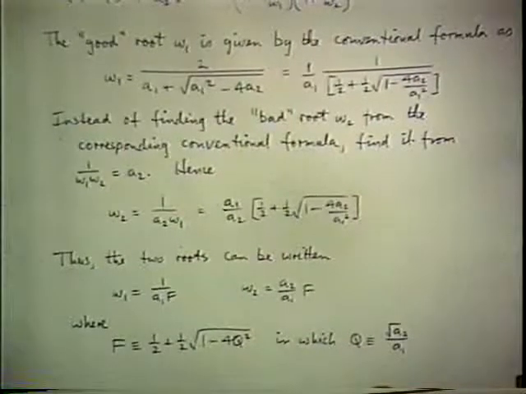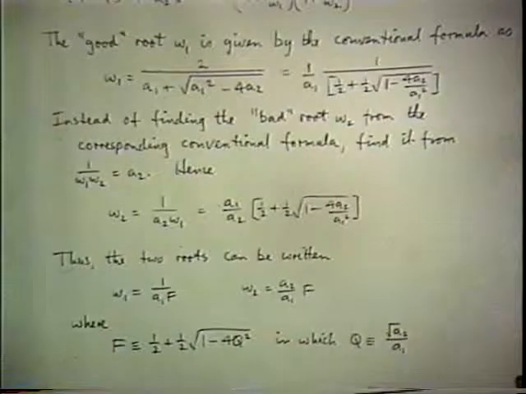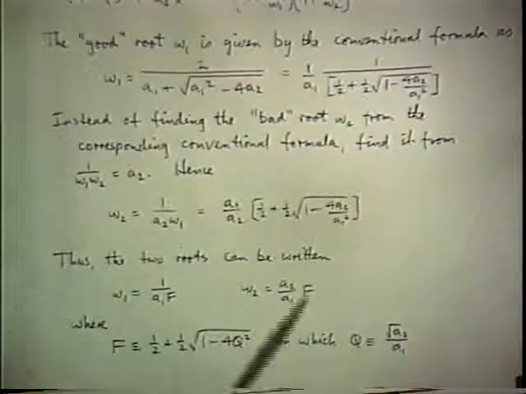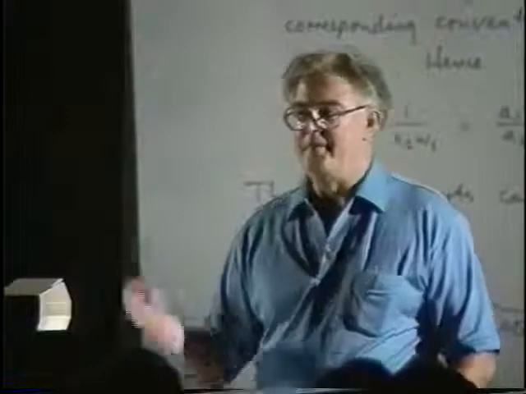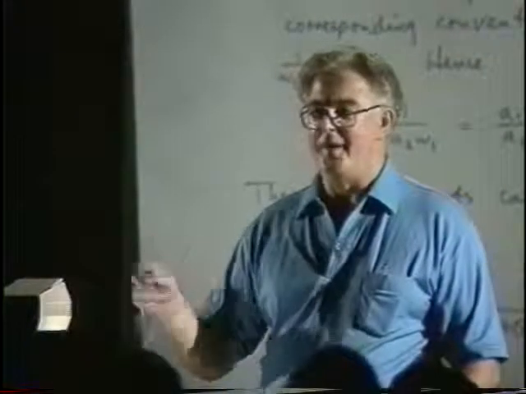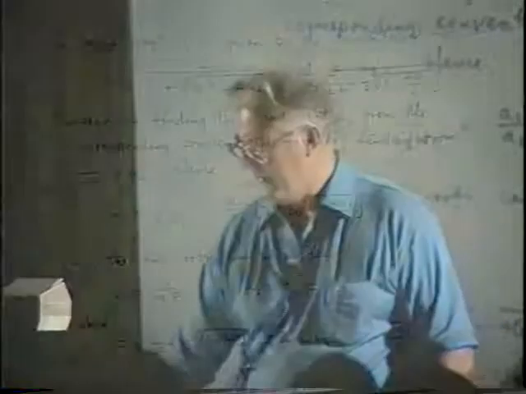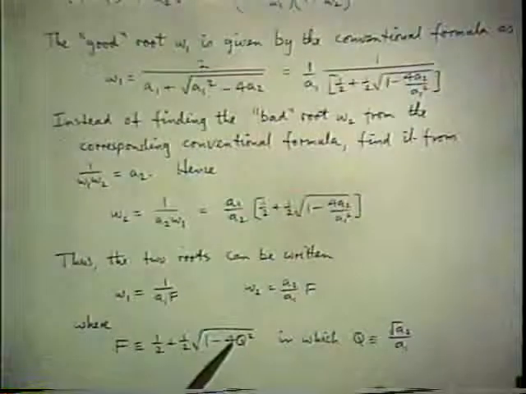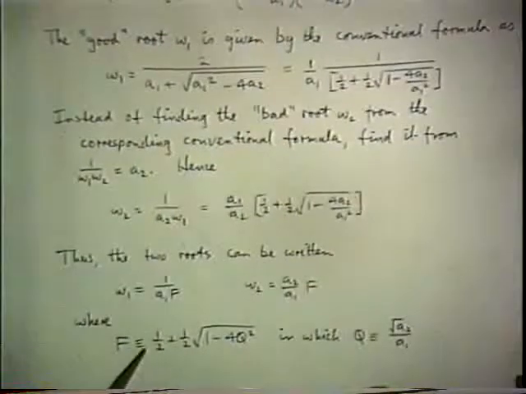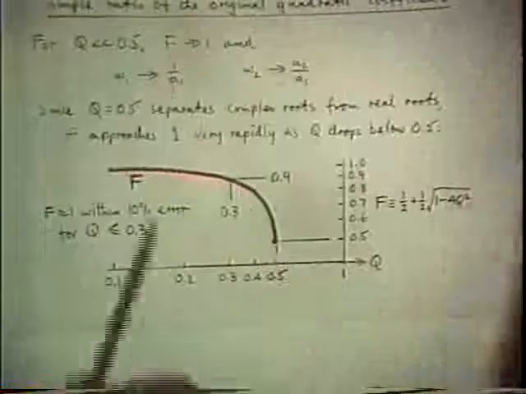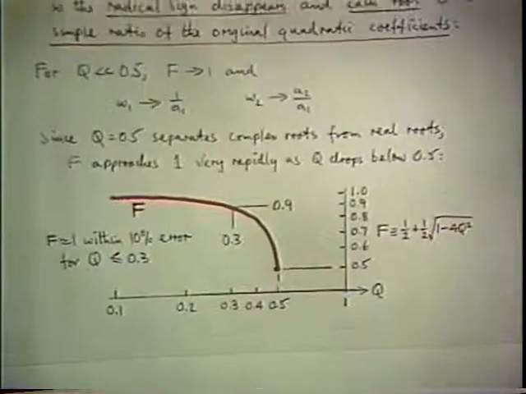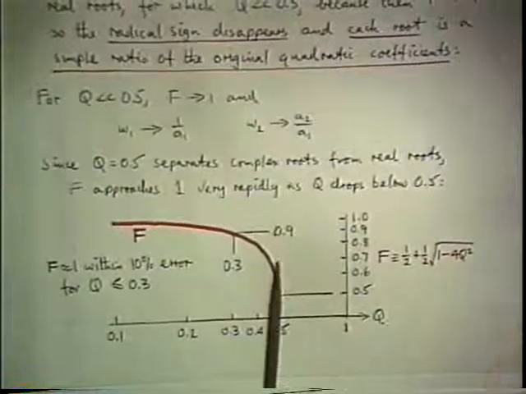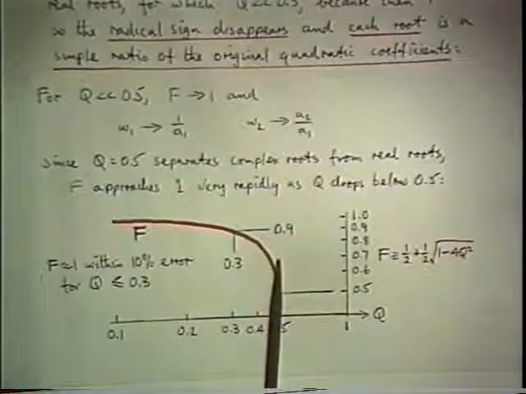And here's the function f. Now, I mentioned the low entropy benefit of this is if the q is small enough, that means if you have a sufficiently heavily damped RLC tank, you get two real roots, and the f function simply approaches 1. And the most interesting thing of all about that is the little graph of that function, f versus q. Q of 0.5 is the dividing line between real and complex roots.